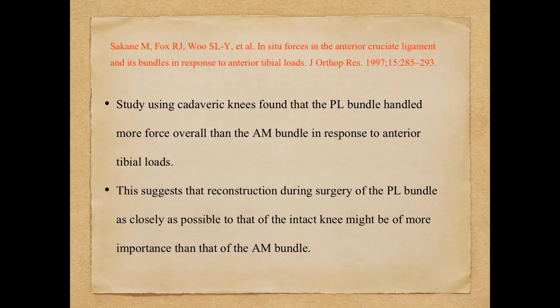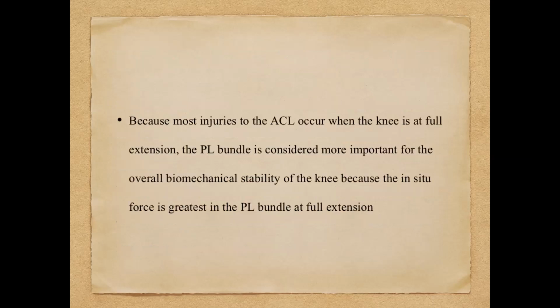This suggests that reconstruction of the PL bundle during surgery, as close as possible to the intact knee, might be more important than the AM bundle, because most ACL injuries occur when the knee is in full extension, and the PL bundle is considered more important for the overall biomechanical stability of the knee because the in situ force is greatest in the PL bundle at full extension.